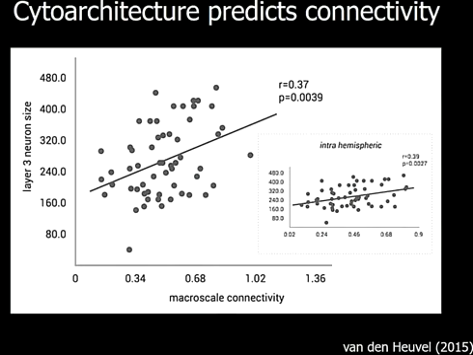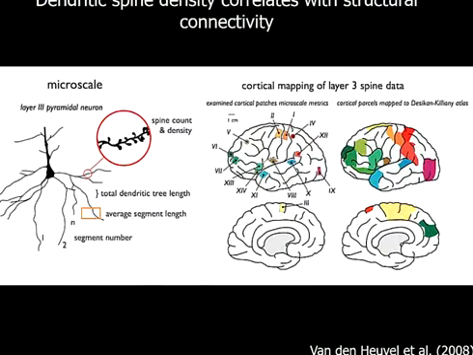So this is histological data plotted onto a brain and then correlated against the tractography findings. And what you get here is a positive correlation between the size of the neurons in layer 3 and the connectivity, layer 3 being a major area of connectivity.